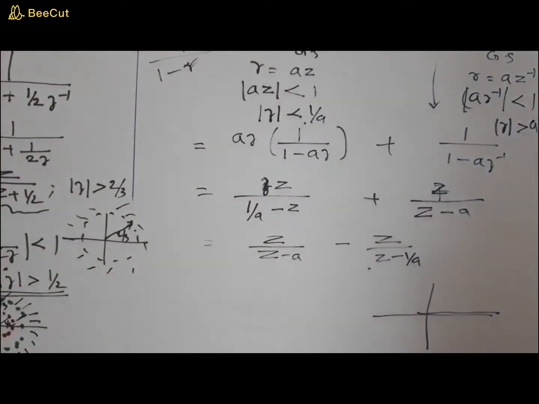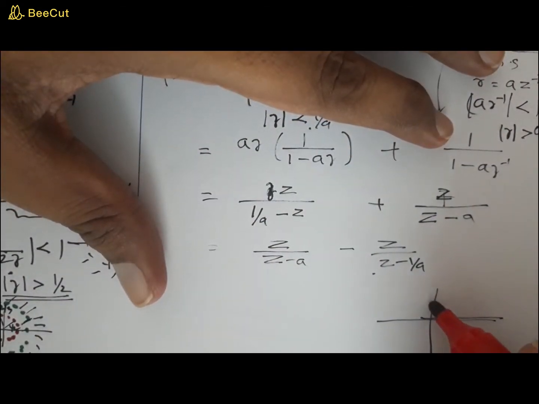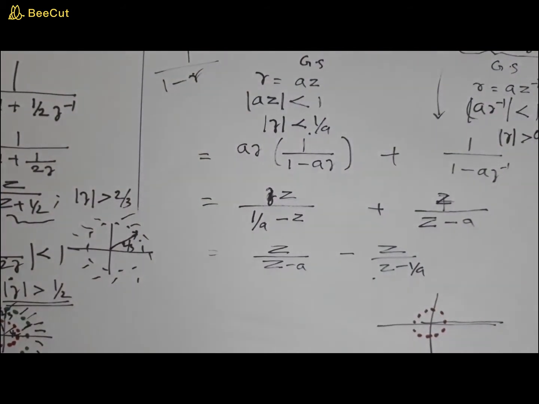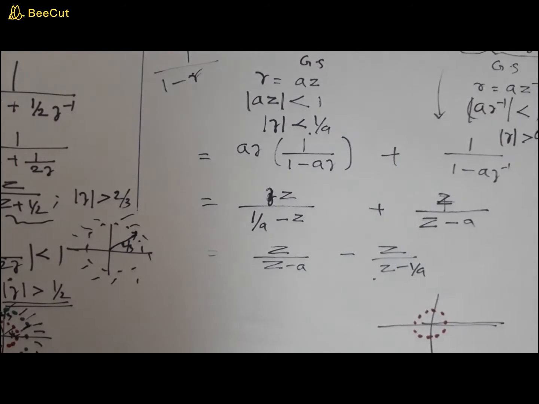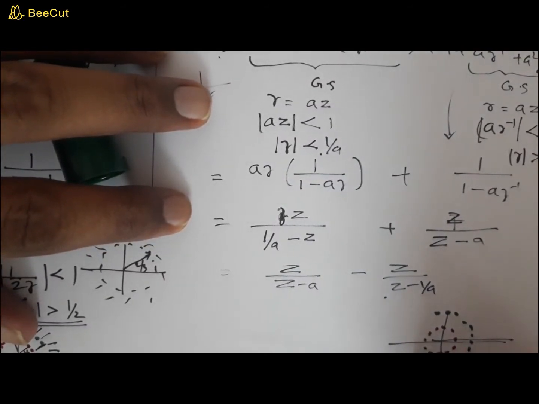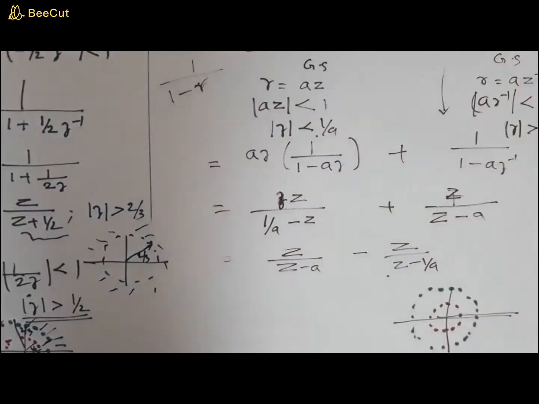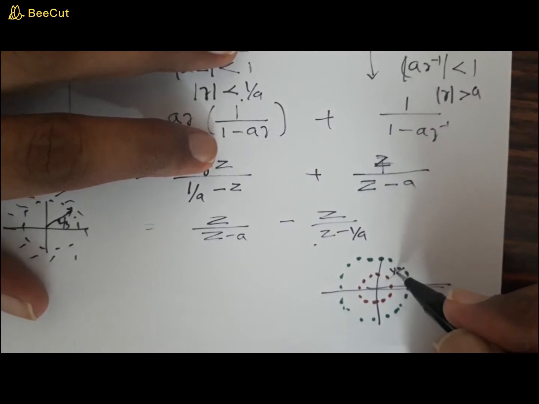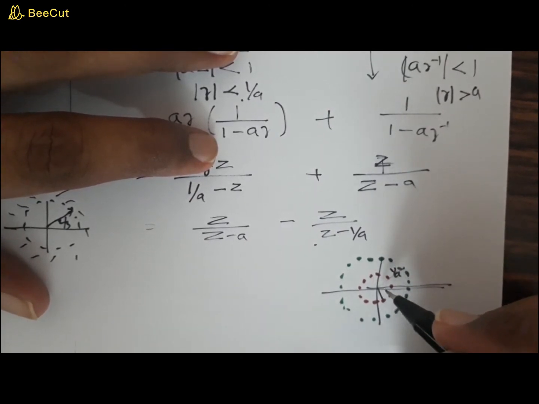So you are going to draw a small circle with radius A. Then we'll be drawing another big circle with radius 1 by A. So you are marking this as 1 by A and this one as A.